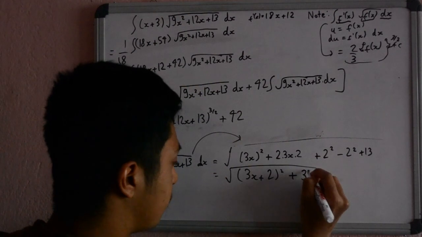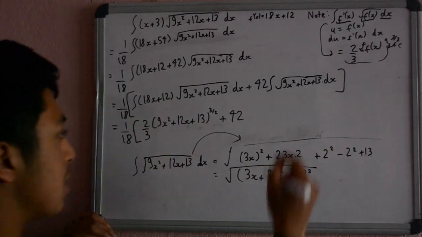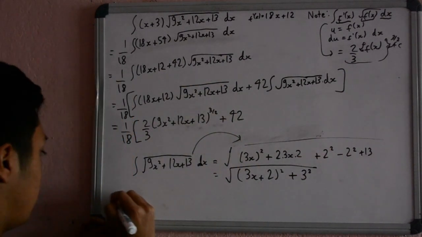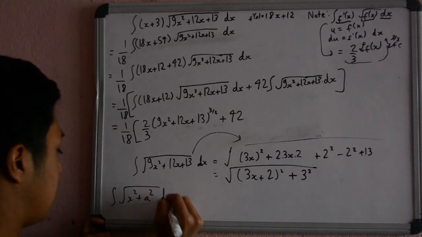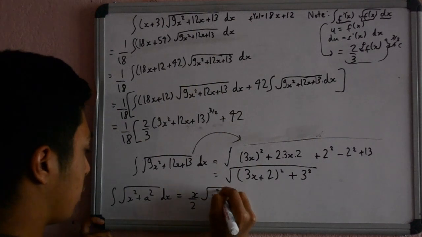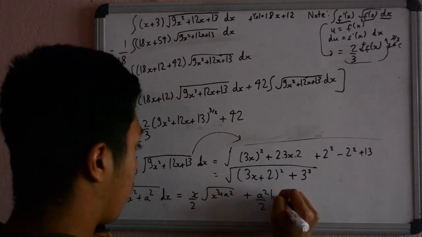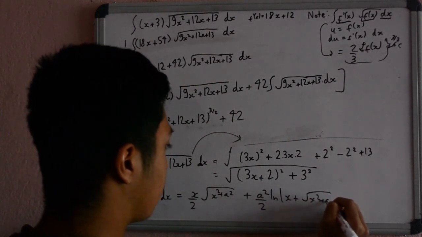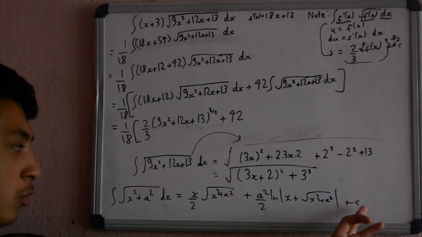So rewrite this as 3 squared, and there we have it. So let's talk about the formula over here. For the integral of root x squared plus a squared dx, the answer will be x by 2 root x squared plus a squared plus a squared by 2 log natural of x plus root x squared plus a squared plus c. Yes, this crazy answer over here.